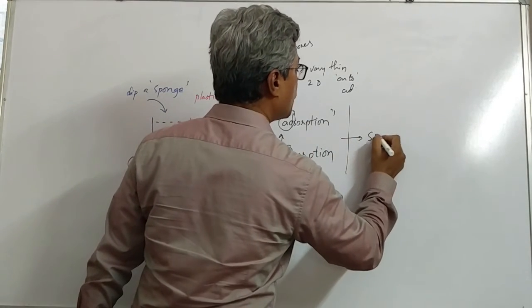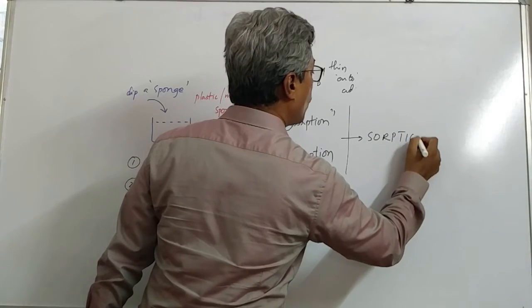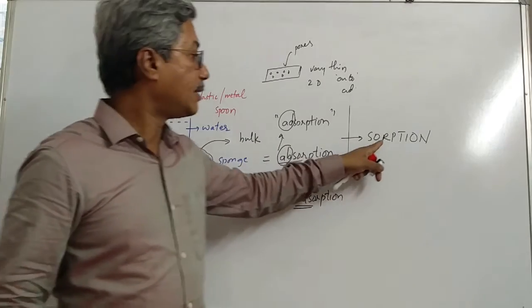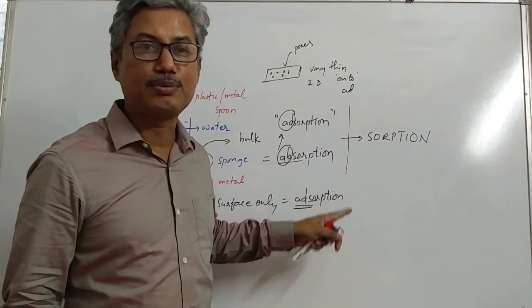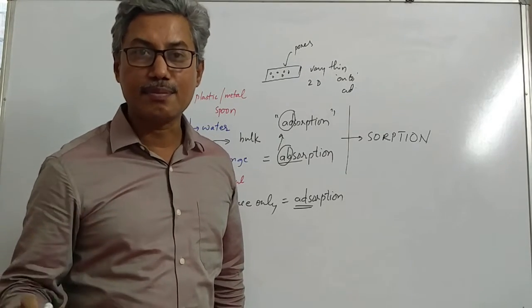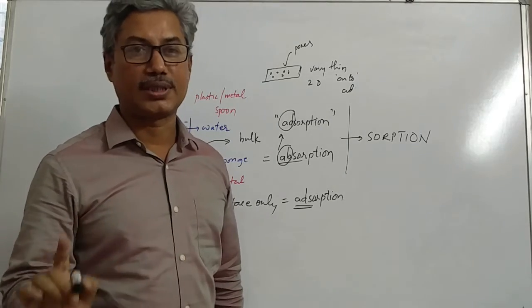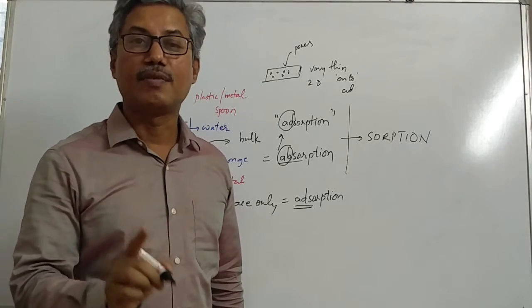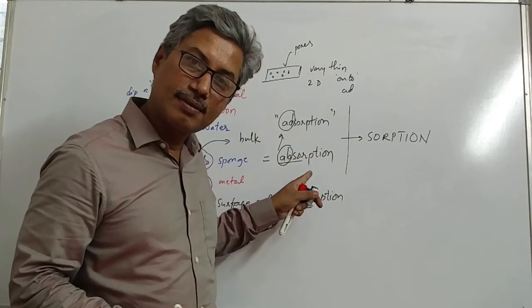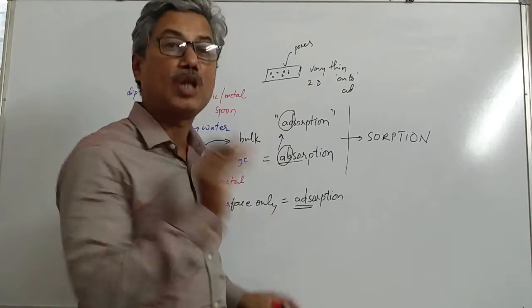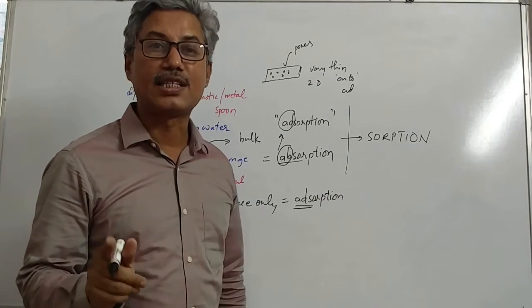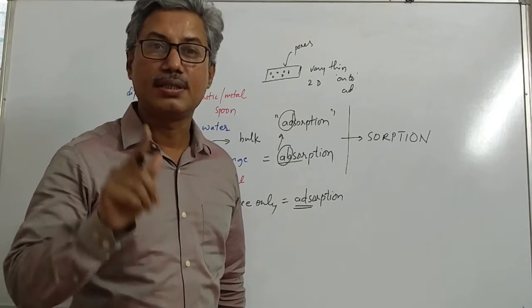Then what we have got is sorption. This deals with both adsorption as well as absorption. That means sorption is a general term used for both processes, adsorption and absorption, which occur simultaneously. Then how to remember this? This is applicable when absorption occurs. That means before absorption, adsorption should take place, so sorption deals with adsorption as well as absorption simultaneously.